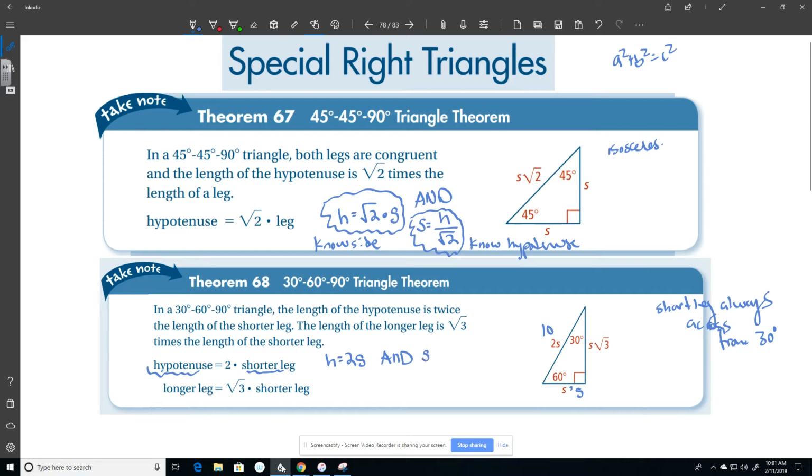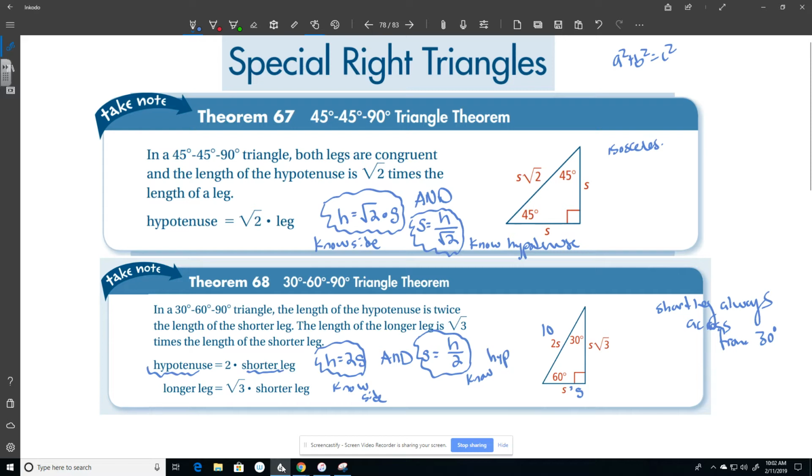So the short side is equal to the hypotenuse divided by 2. So this is if I want to work between the hypotenuse and the short side. Depending on which one it gives me, I'm going to use one or the other. So again, this formula is if I know a side, and this formula is if I know the hypotenuse, okay?